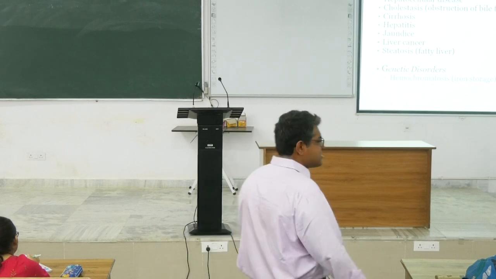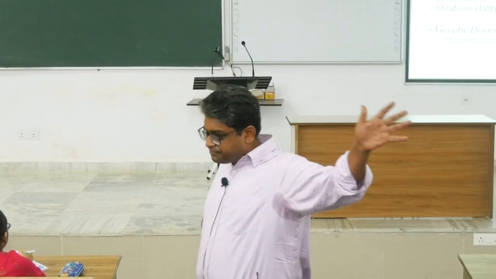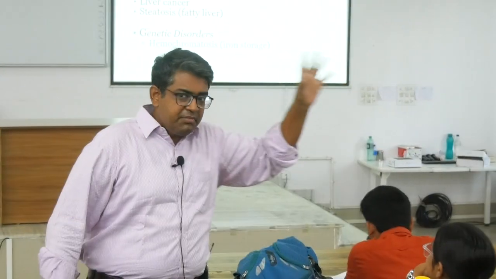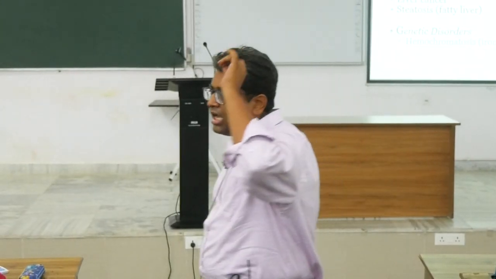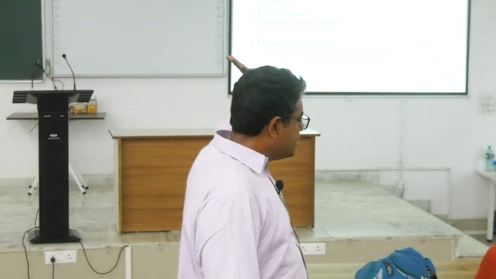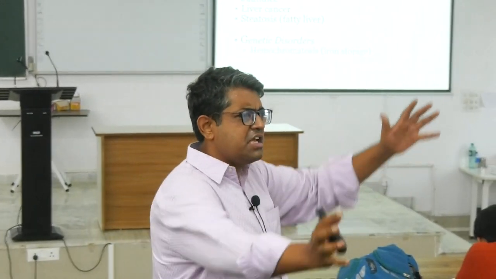Finally, genetic diseases, a huge list of them. Each and every anemia, hemolytic anemia, non-hemolytic anemia, will cause liver dysfunction. Or thalassemia patients. If you see a thalassemia patient, you will see a huge liver, severe hepatomegaly, and a huge spleen.